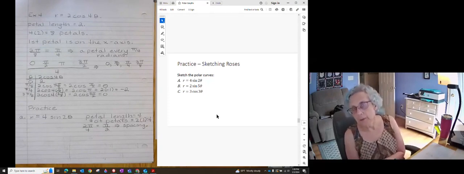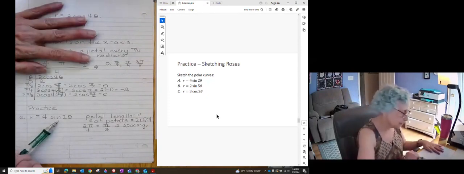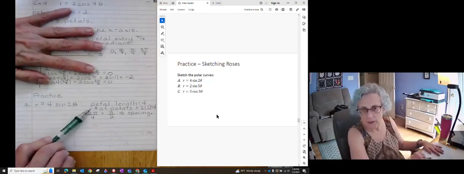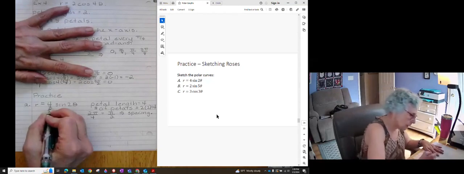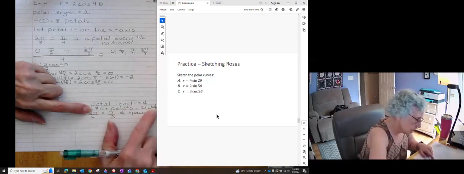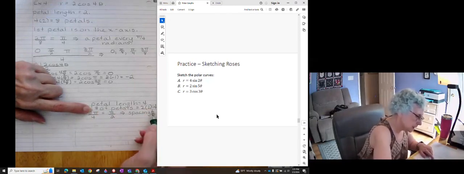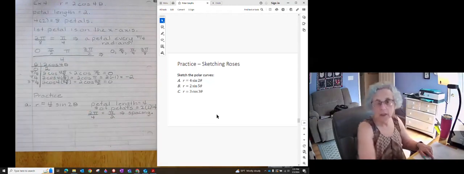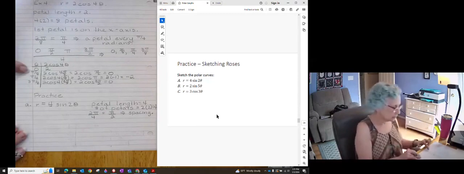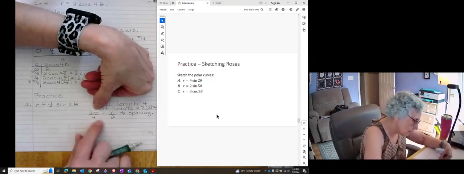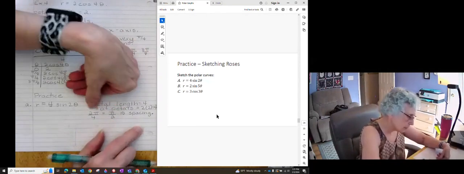But part A, we have r is 4 sine 2 theta, and I went ahead and started it. The petal length is 4. That's the number right here. The number of petals is going to be 2 times 2, which is 4. Now, remember when we do our chart, we have to take the big 4 and divide by 2.